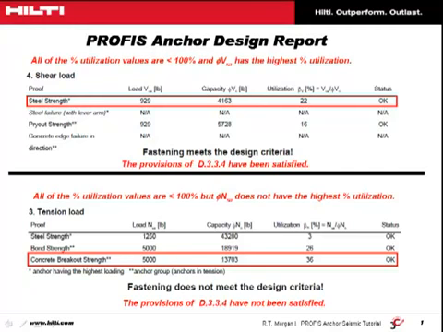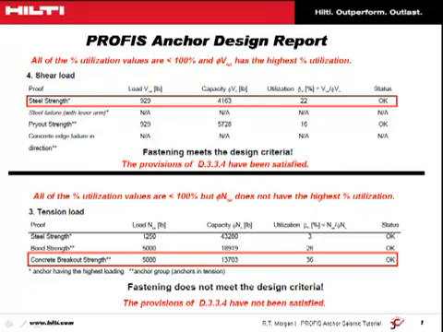In the top half of the screen, D.3.3.4 has been selected, and the design steel strength has the highest percent utilization. Therefore, the design steel strength is the controlling design strength for this application, and the provisions of D.3.3.4 have been satisfied. In the bottom half of the screen, you can see the concrete breakout strength has the highest percent utilization.